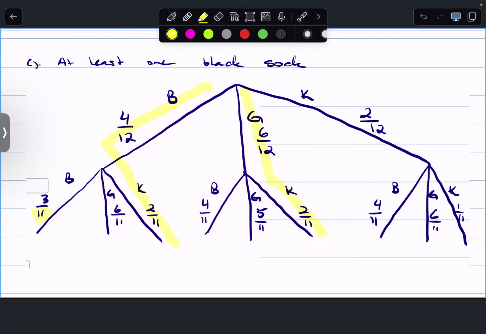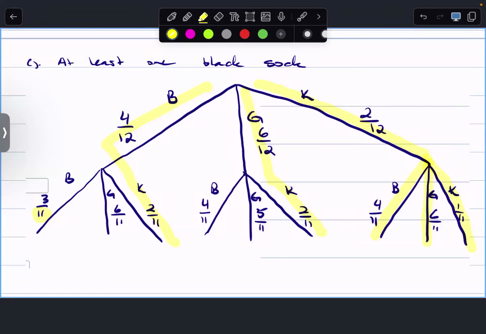In fact, we have a couple of options here. So at least one, I'm in the clear, right? So the second one could be blue, that's still at least one. Second one could be gray, or I could have 2 black socks. That looks like a lot of calculations, right?